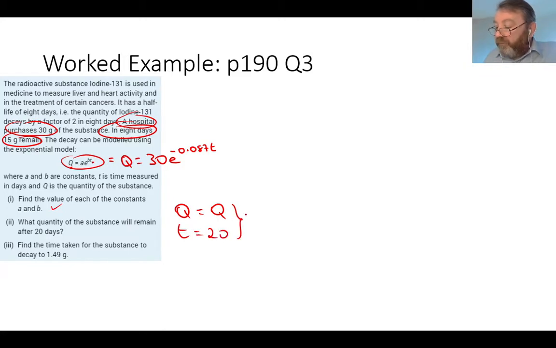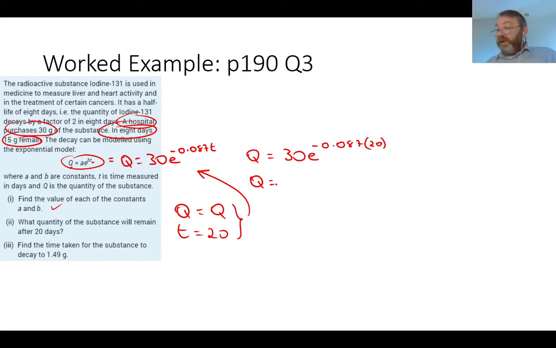So you take these two into the new formula and you'll get Q equals 30 e to the minus 0.087 times T, which is 20. And that is something that you can do in your calculator. So 30, e, by the way, the function e is above the natural log. It's the second function of the natural log because they're inverse functions.